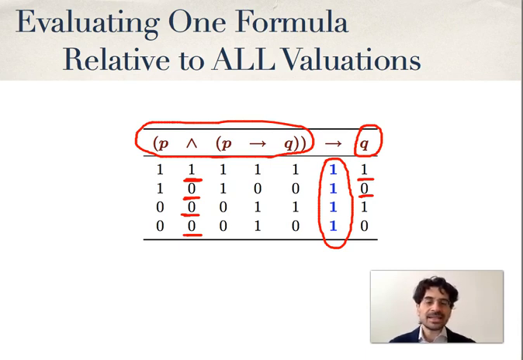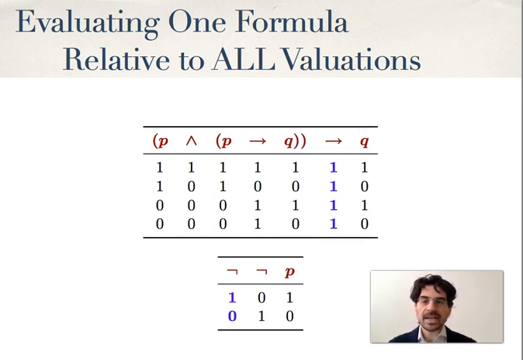So this is an example of a formula that is always true no matter what kind of valuation we consider. Or in other words, the formula here is true relative to all possible valuations.